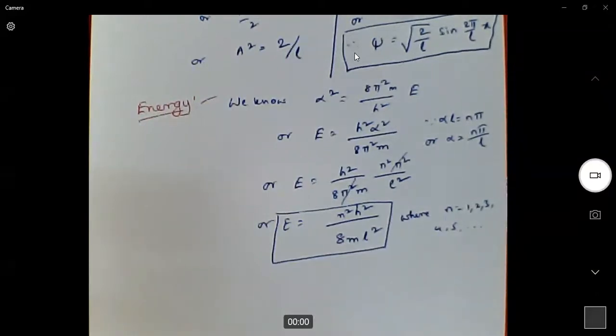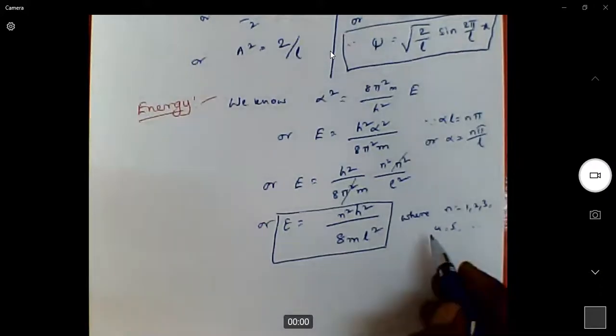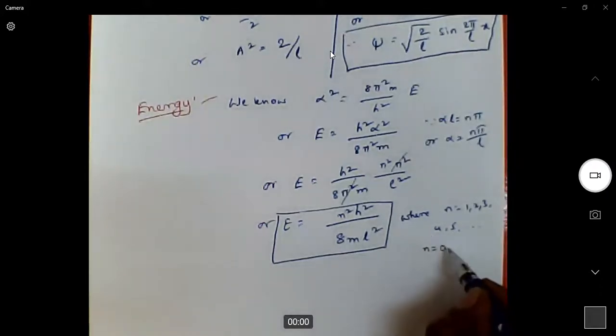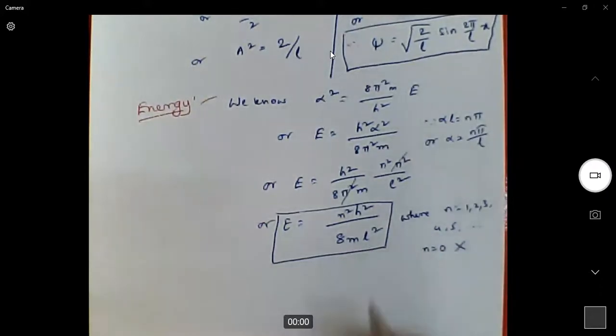No, right? Nothing in real will exist with 0 energy. Zero energy is only possible at 0 Kelvin. At all other temperatures, 0 energy is not possible. So that is why we don't consider n is equal to 0 in this expression.